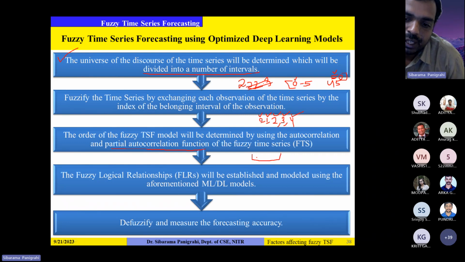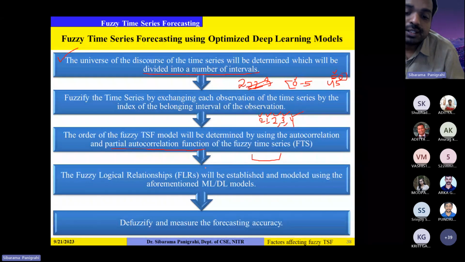So I will use a sliding window technique to convert the fuzzy time series into an input-output pattern, and that we are terming fuzzy logical relationships. Then those fuzzy logical relationships, or input-target patterns, will be modeled by using a machine learning or deep learning model.